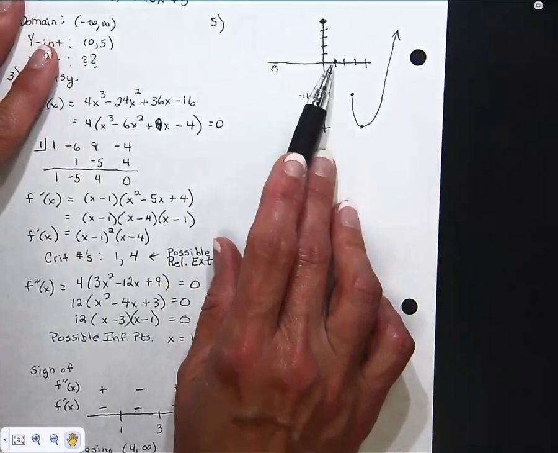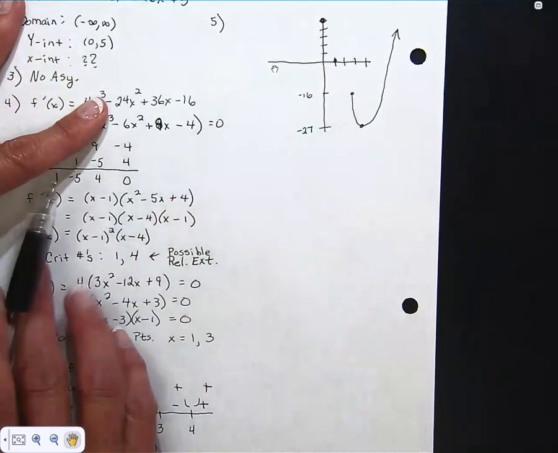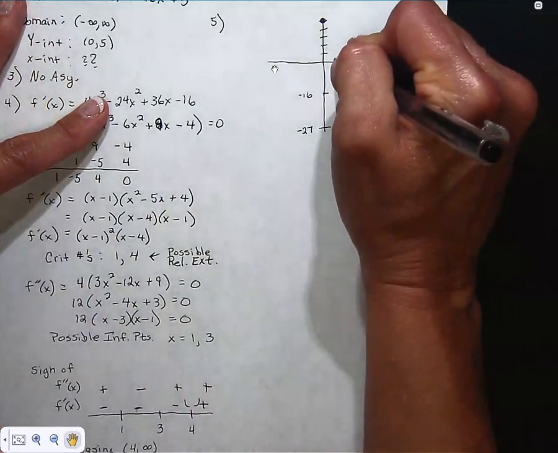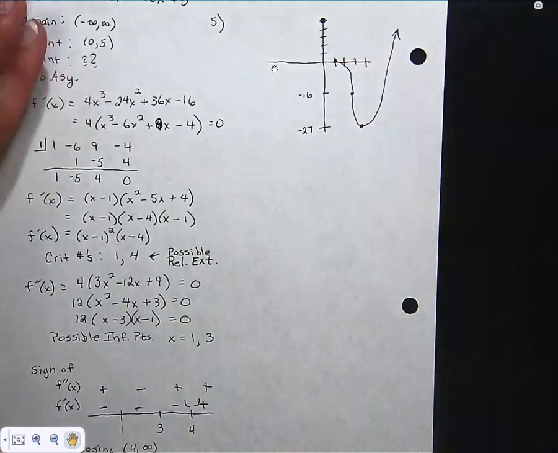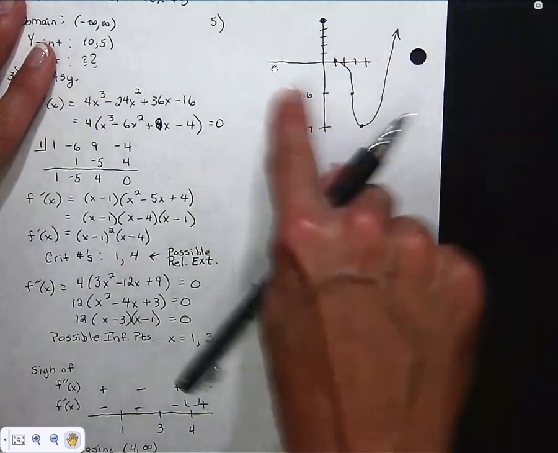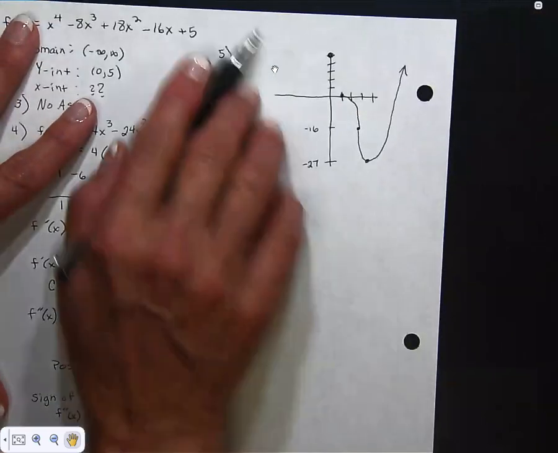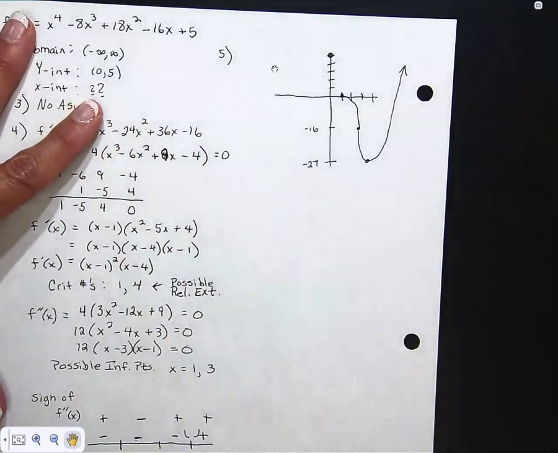Concave down and decreasing from here to here. And then it's concave up from -infinity to 1. From all the way over here to here, it's concave up. Can you make that piece look concave up?